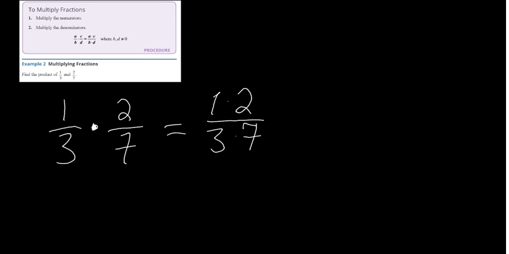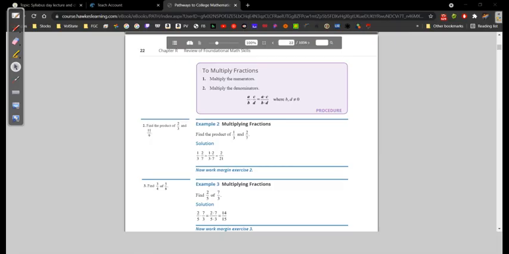My stylus isn't working too hot right now. That's all we did. We just went across, right? So 1 times 2 is just going to be 2. And 3 times 7, that's pretty easy, well, for me: 3 times 7 is 21. That's how you multiply fractions. It doesn't get too much harder than that. We're going to hand wave example 2.